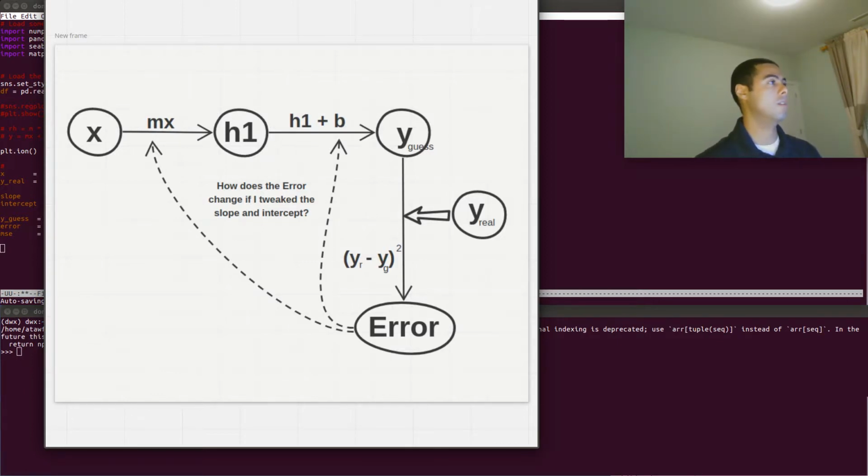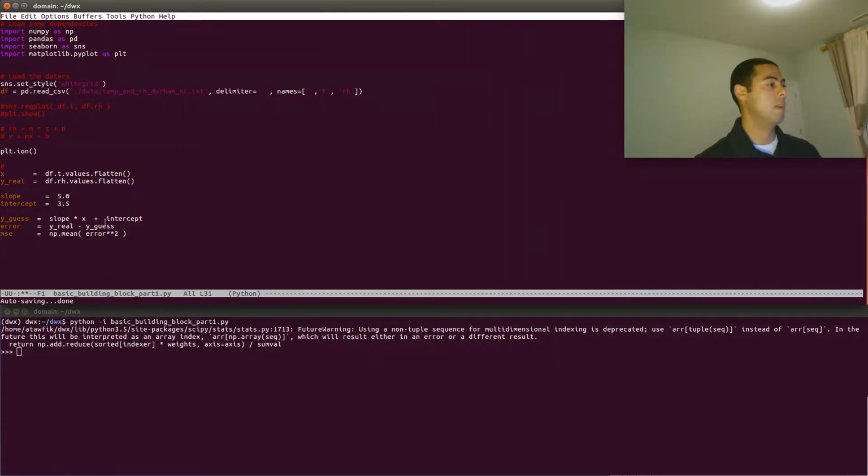All right, going back to the code, we're going to be doing this updating. And all this update is saying is the change in the error with respect to the slope, for example. The way this is done is you take a look at the error function here. Our error function is this squared error. Here I did the mean of the squared error.